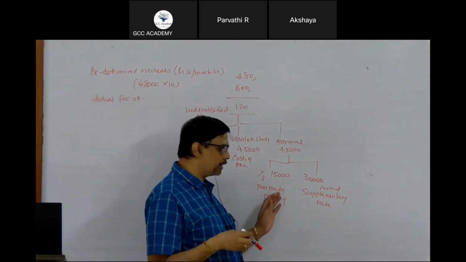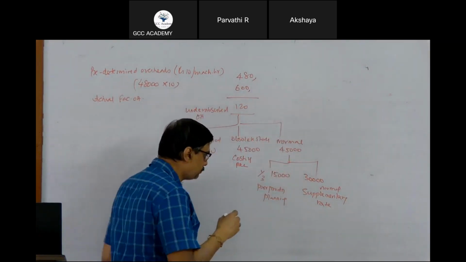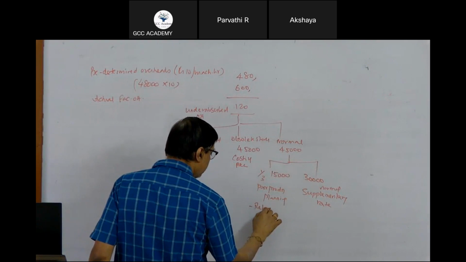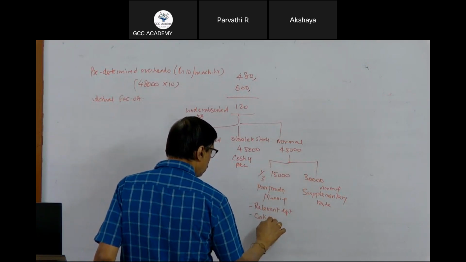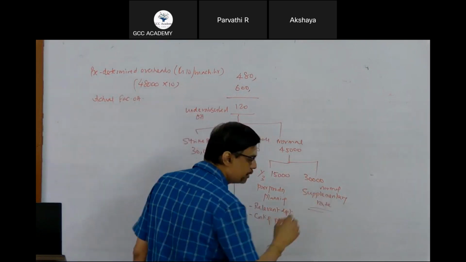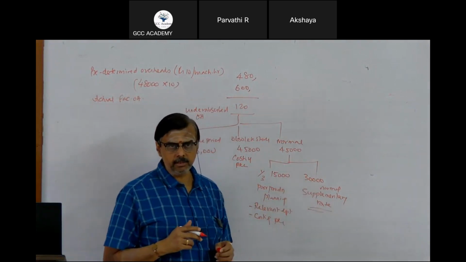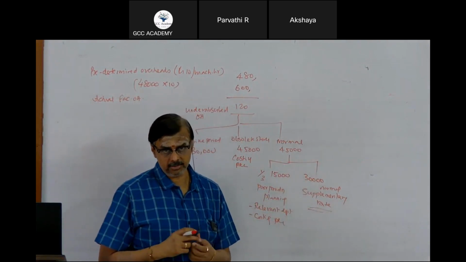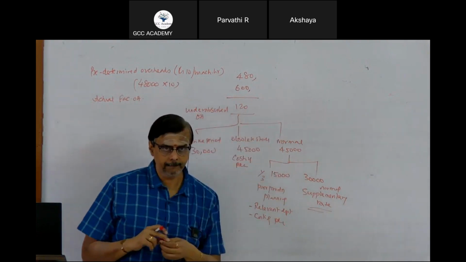So 1/3 due to production planning can go to the relevant department or costing P&L. So finally we have boiled down to absorbing 30,000 in the product cost by using a supplementary rate. Any doubt on this part?